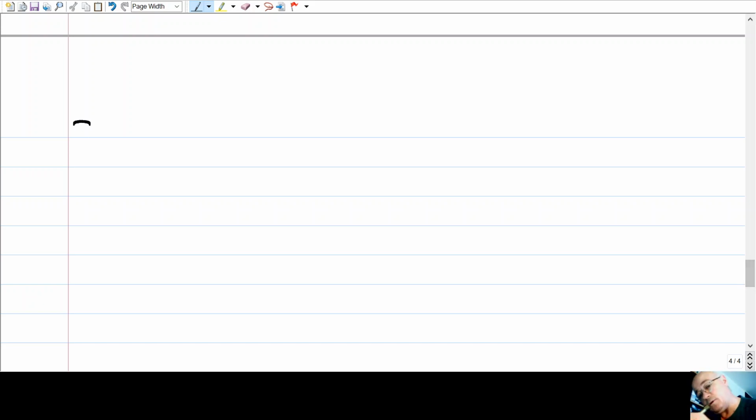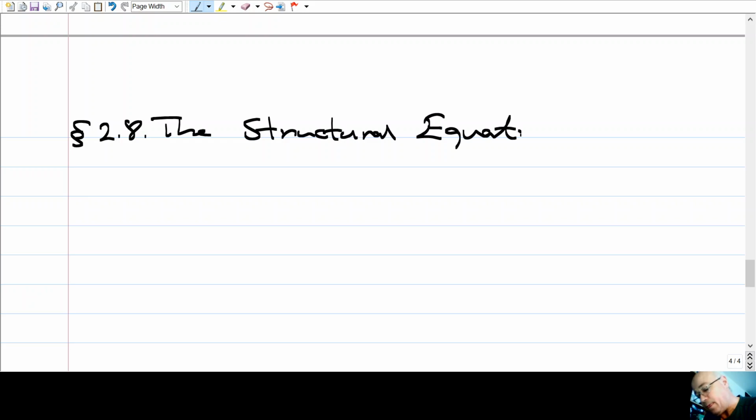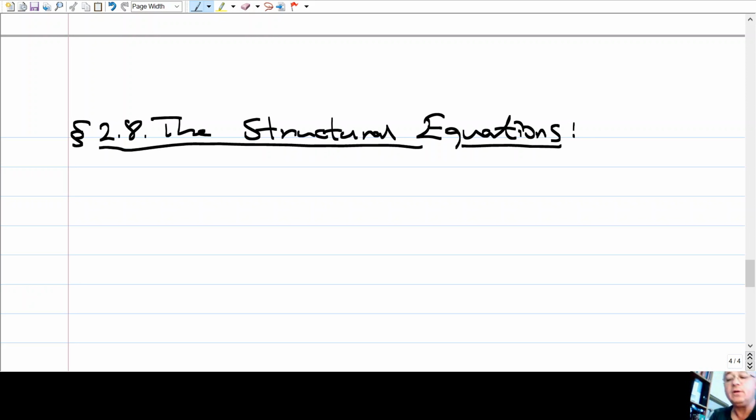Okay, now we will now consider section 2.8, the structural equations. As I said at the beginning of today's lecture, these are actually standard tools of modern differential geometry.